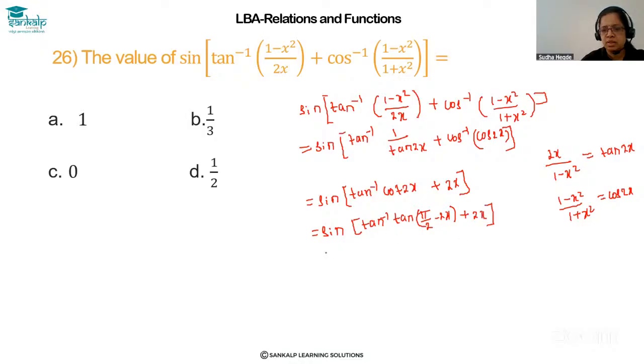So tan inverse tan cancels. So it is sine of pi by 2 minus 2x plus 2x. So these two cancel. It is sine pi by 2. What is sine pi by 2? It is 1. Okay. So therefore, option A, 1 is the correct answer.